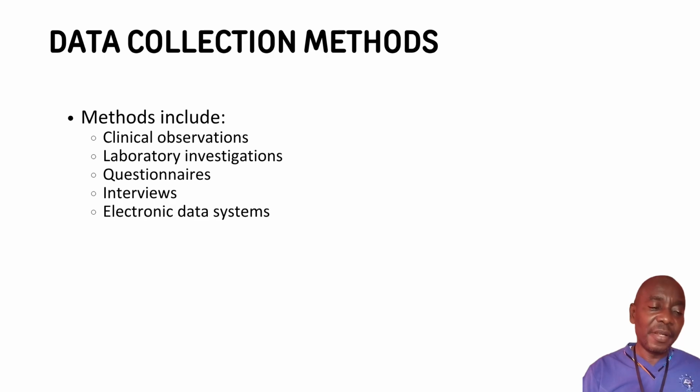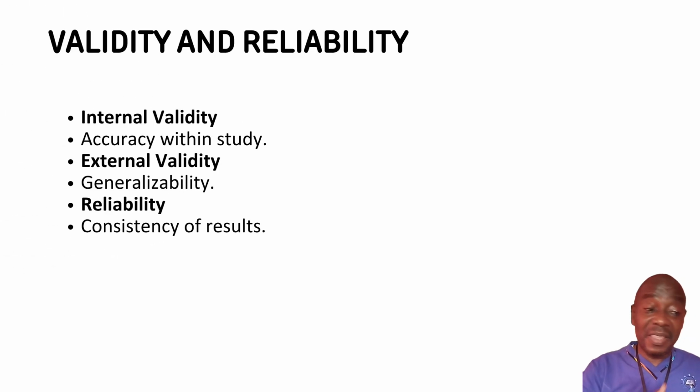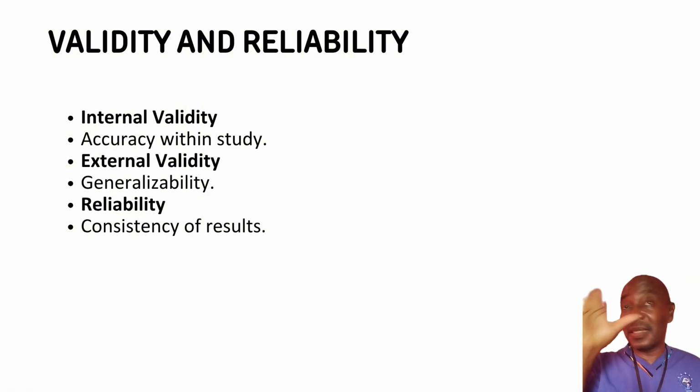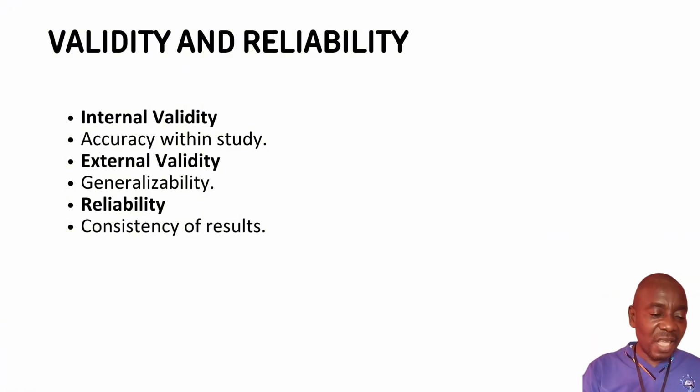For data collection, we adopt these methods: clinical observation, laboratory investigation, questionnaires, interviews, and electronic data systems. Validity and reliability: internal validity, accuracy within the study; external validity, generalizability; and reliability, consistency of results. So these are what we consider in all the data that we've put together.